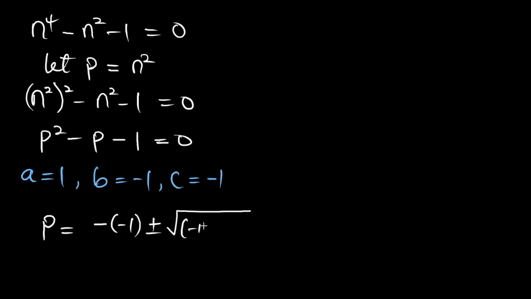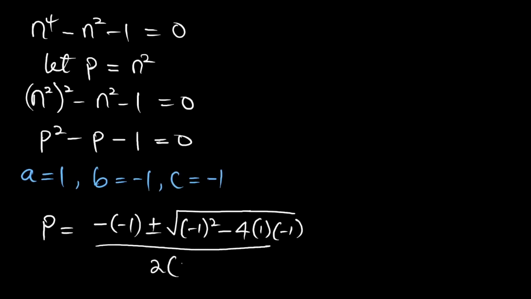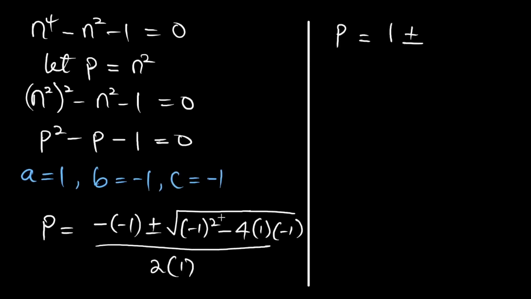So I have minus 1 square minus 4a, a is 1 and c is minus 1. Okay, all over 2 times a, 2a is 1. So if I simplify this, I'm going to have that p is equal to 1 plus or minus, this is 1 plus 4, I'm going to have here root 5 all over 2.